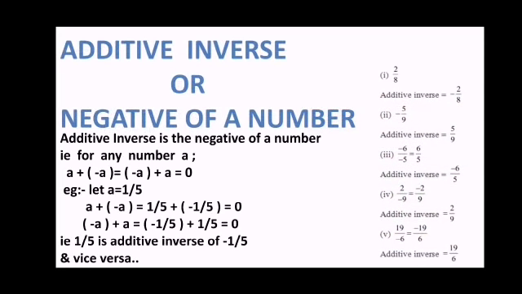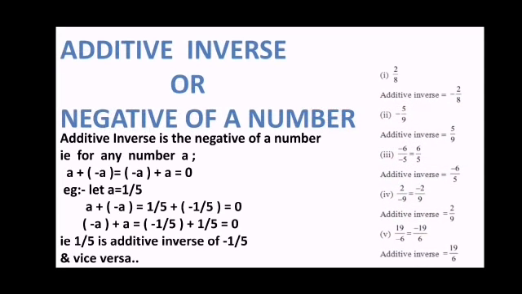So we say 1 upon 5 is the additive inverse of minus 1 upon 5, and vice versa. Vice versa means minus 1 upon 5 is also the additive inverse of 1 upon 5. Means for a positive rational number, its additive inverse is a negative rational number, and for a negative rational number, its additive inverse is a positive rational number.